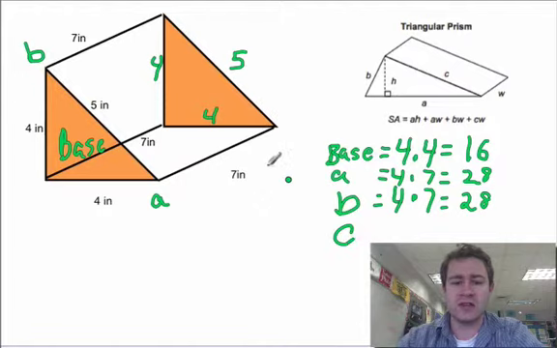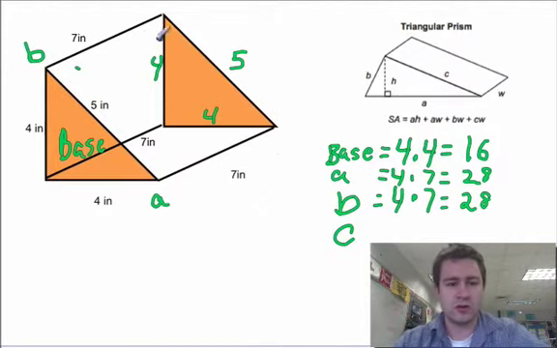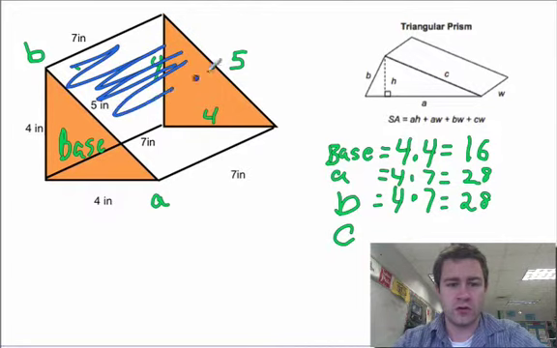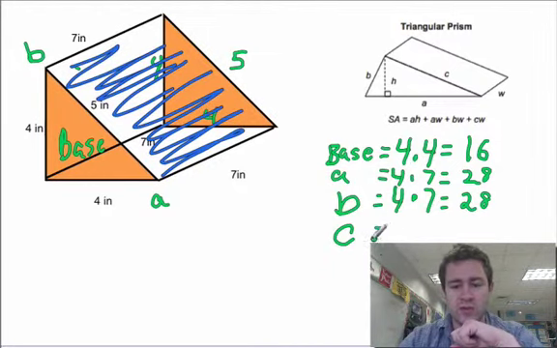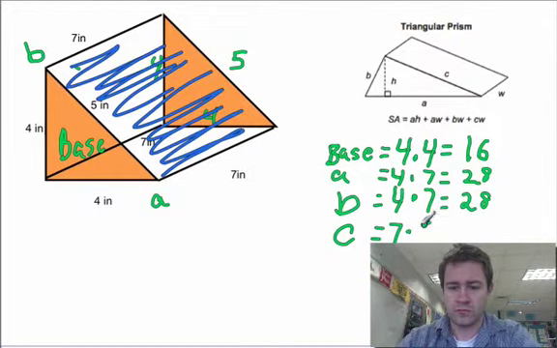And then side C is going to be the front. Imagine this as like our front. Okay, so we have side C, which is equal to a 7 by 5, and that's going to equal 35.